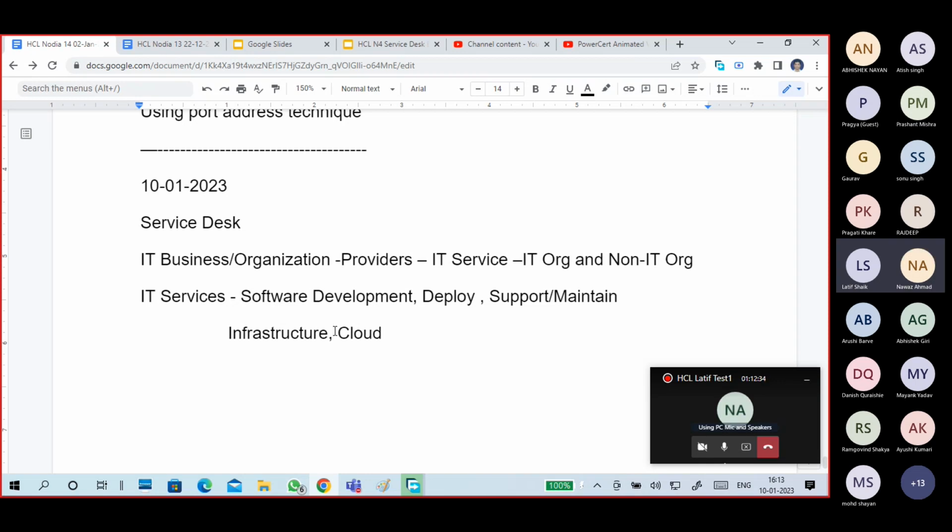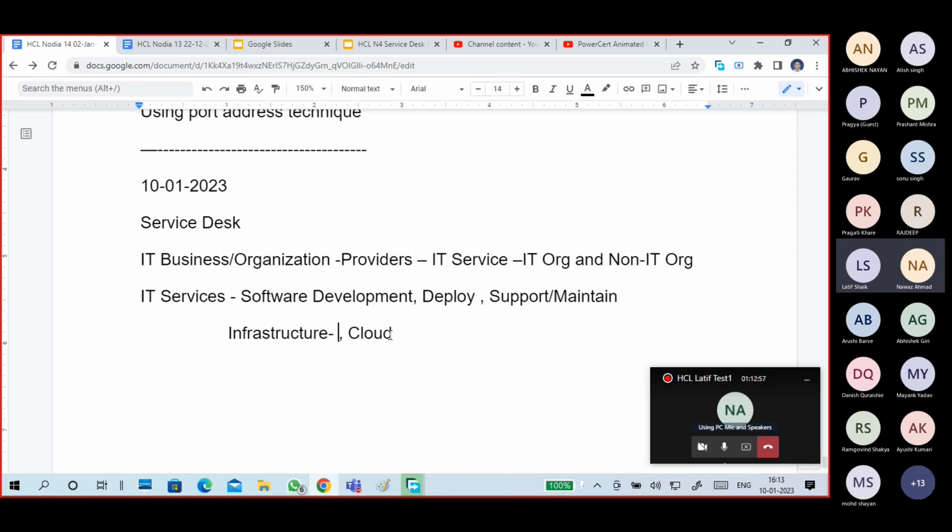We have a cloud now, but cloud runs in the data center. Without servers, routers, switches, there is no cloud at all. The cloud is also built on the data center. Remember that one. So cloud related services, infrastructure services.